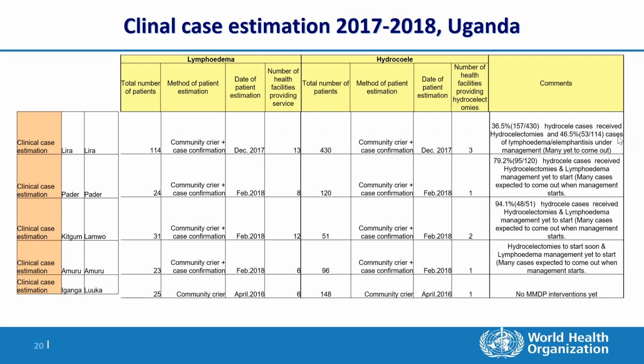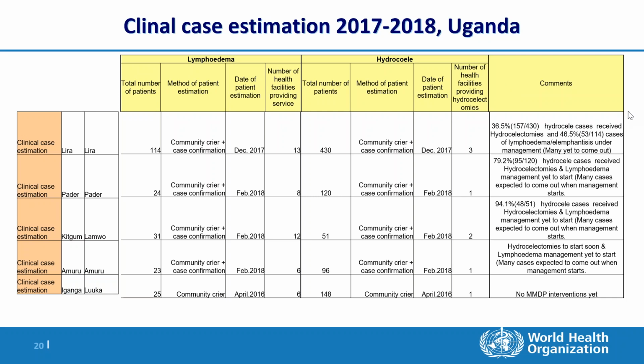And then the date of patient estimation helps us to see if there's no double count of years. If you put that it has been collected in December 2015 and already we have data for 2015, then we'll see that we don't have to put this data in our cumulative data. And then, so it's on lymphedema and hydrocele.